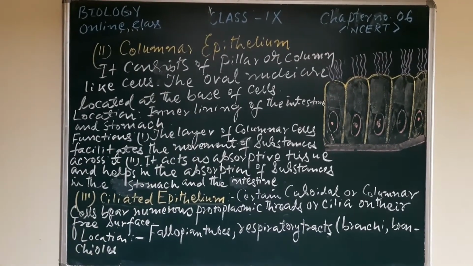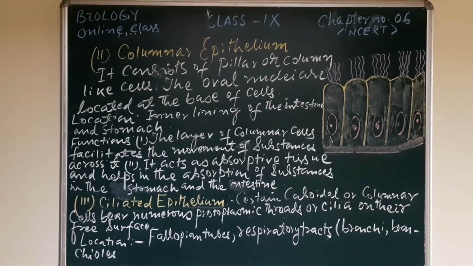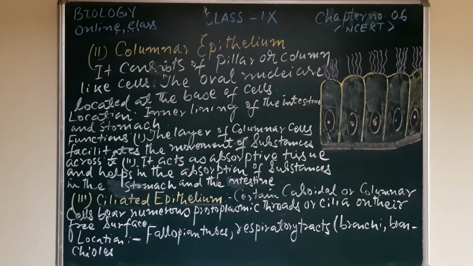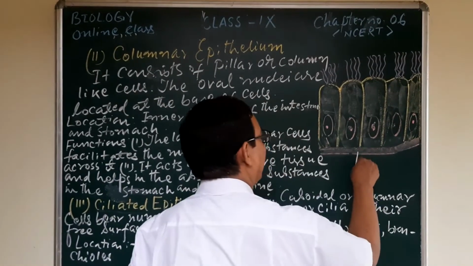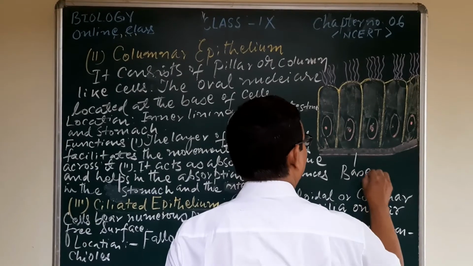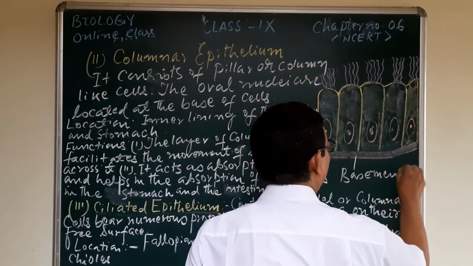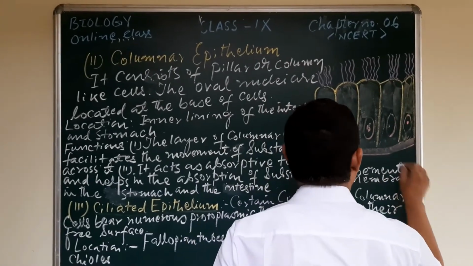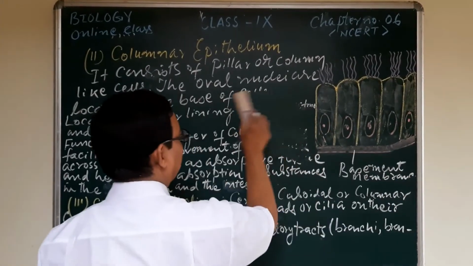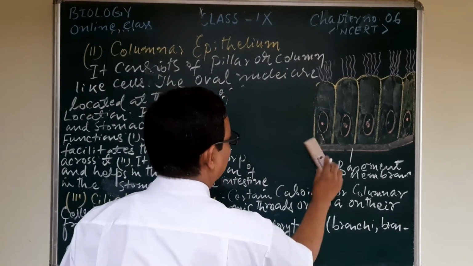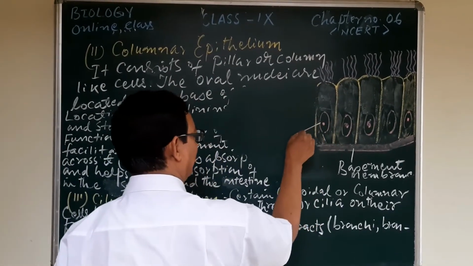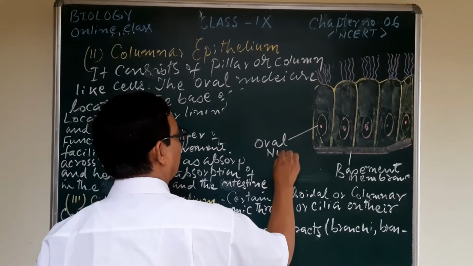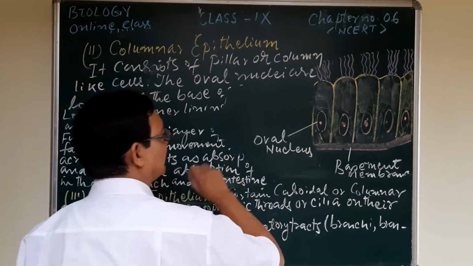And now the important functions we will see, but before that you again may here write basement membrane, this one is the oval nucleus.